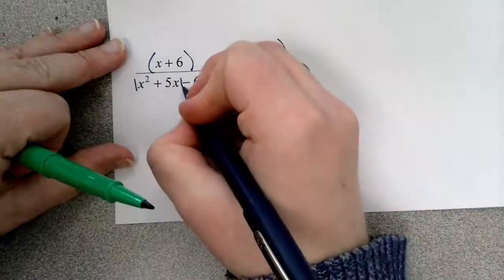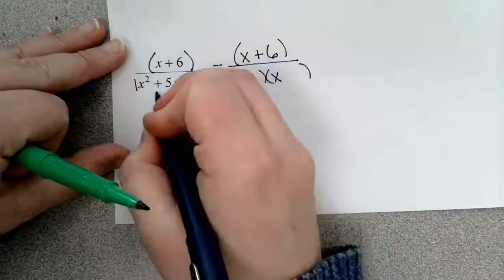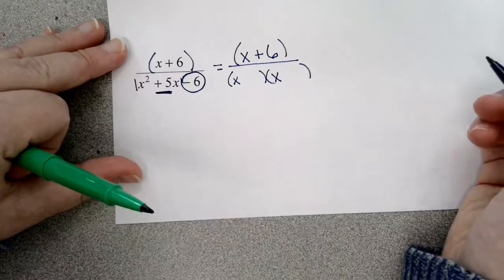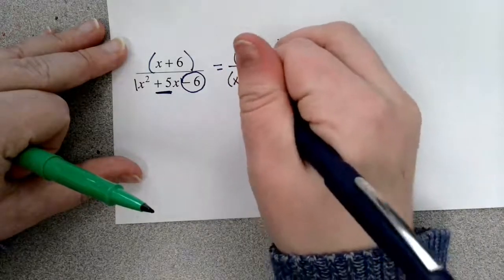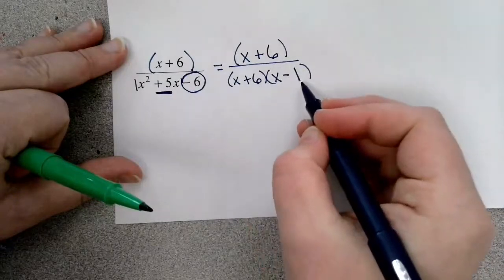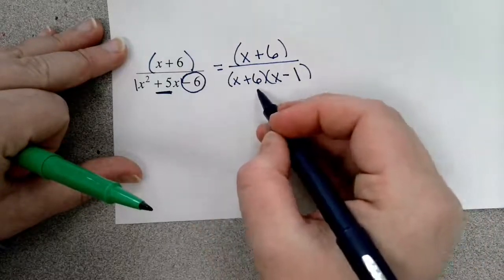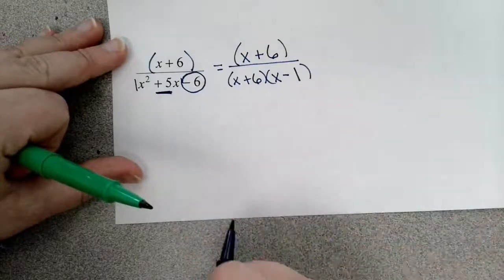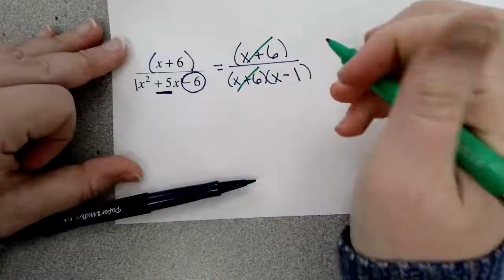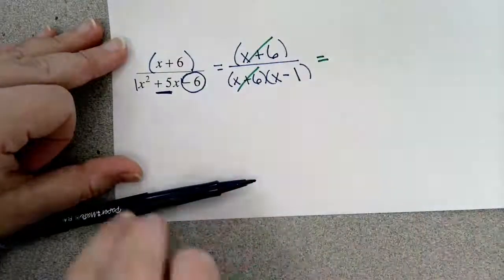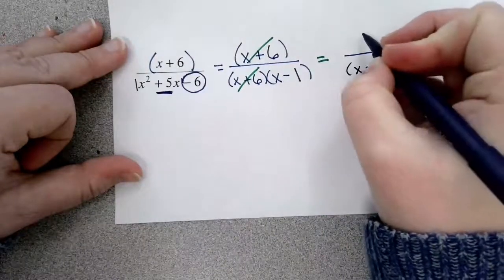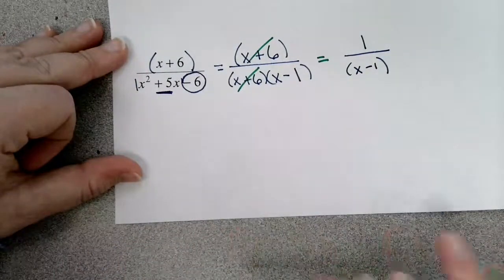What two numbers multiply together to be negative 6, but add together to be positive 5? It's going to be a positive 6 and a minus 1. 6 times negative 1 is negative 6. 6 minus 1 is a positive 5. Now, you'll notice there's an x plus 6 on the top, x plus 6 on the bottom, leaving x minus 1 on the bottom, but I need a placeholder for the top, so 1 over x minus 1.